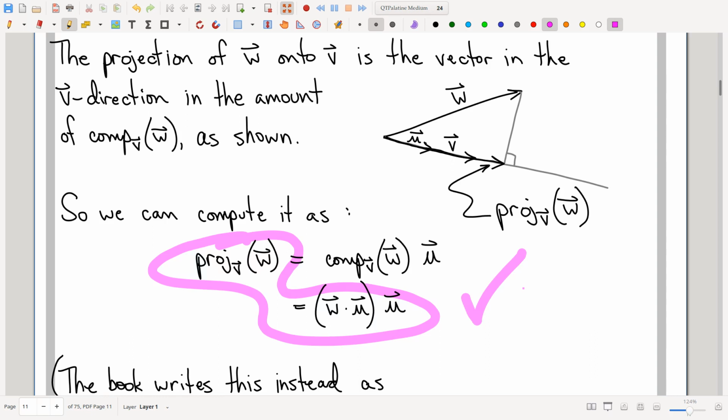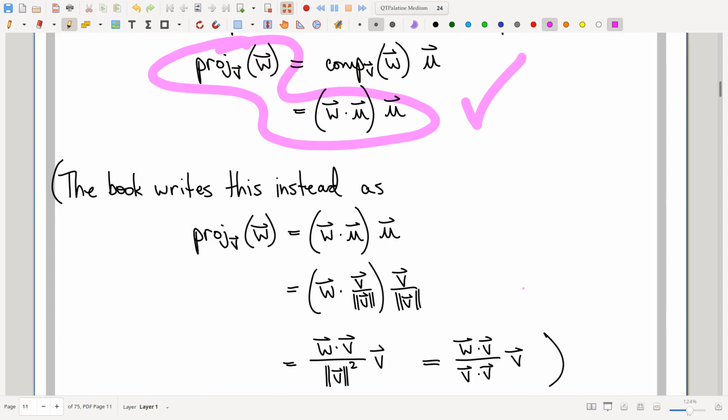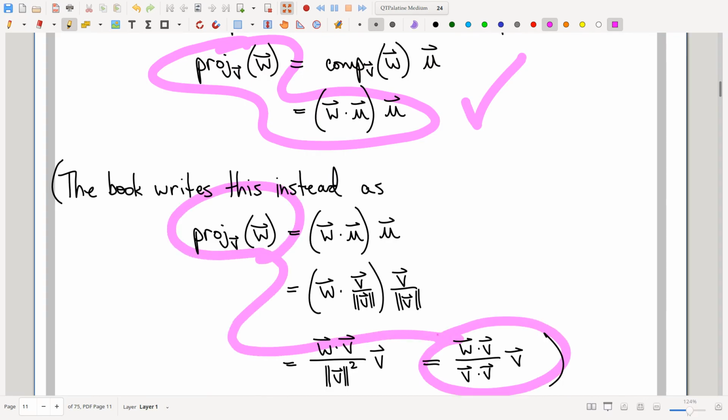Okay. Now, the book proposes this alternative formula, which is also perfectly fine. This alternative formula has an appeal to it because it's explicitly in terms of V and W. You give me a V and a W, boom, plug and chug, right? Brain off, computation on, right?